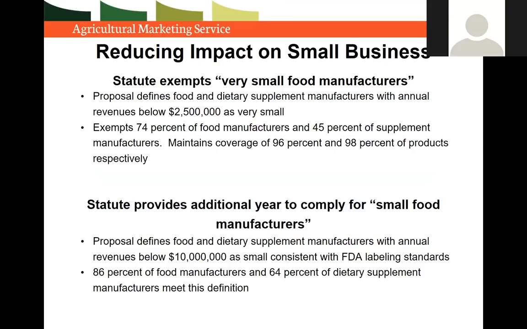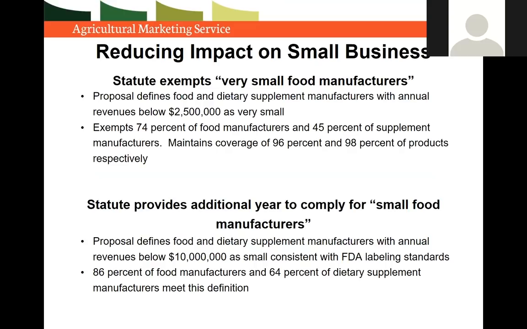The statute provides specific relief for certain classes of small businesses. The statute exempts very small food manufacturers. As mentioned, the proposal defines this to be any food manufacturer, including dietary supplements, with receipts of less than $2.5 million per year.